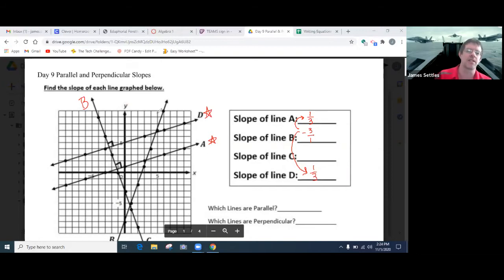And then the last thing is this right here. And this line isn't parallel or perpendicular. It's just a line that's crossing. Majority of lines actually fit this line right here, which I'm going to call C right now. And so if I look at it, it goes up 1, 2, 3 over 1. And it's not parallel because this is negative, this is positive. And it's not opposite reciprocal because it does flip, but they're not opposites.